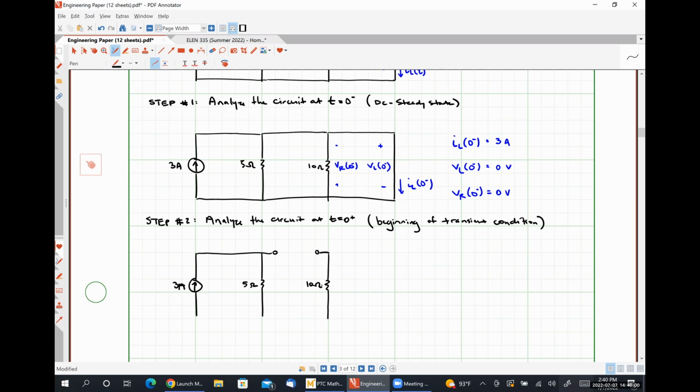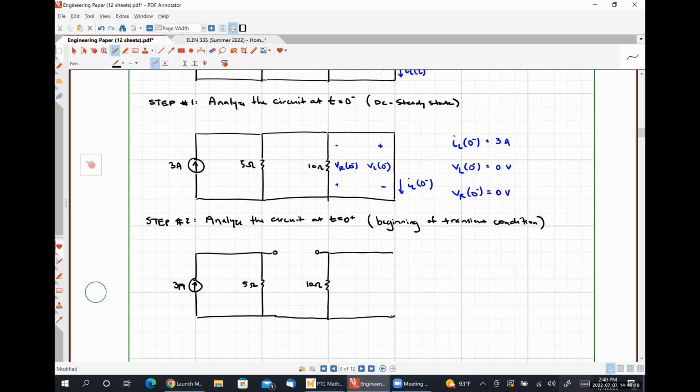And then here's our 10 ohm resistor. And over here to the right is going to be my inductor. I'm not going to draw an inductor, okay? And so I feel like I'm going to need to explain myself.